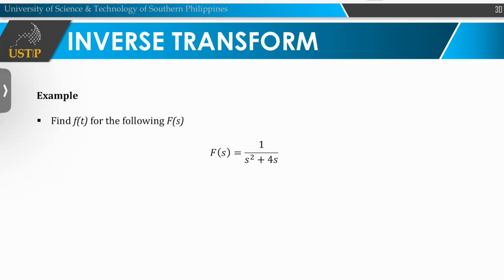Now, what we're gonna do is, kining ubos na to class, kay s squared man na plus 4s, we should complete the square. Okay, we use completing the square in this para ma-manipulate nato siya in a certain way, di ba? Okay? Para mahimo siyang s squared plus omega squared baka ha, or s squared plus alpha squared. But you will see later nga, mas mo incline ta to hyperbolic sine.